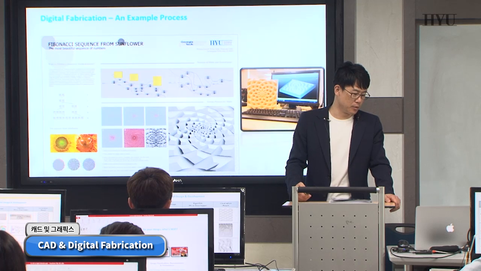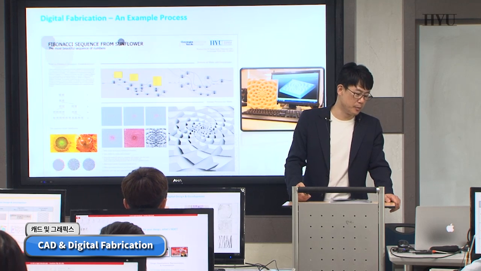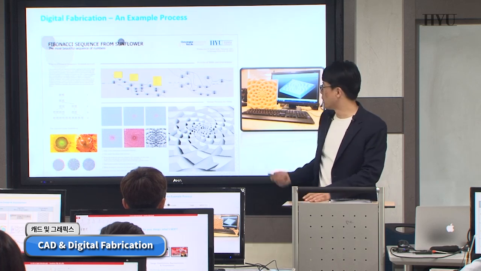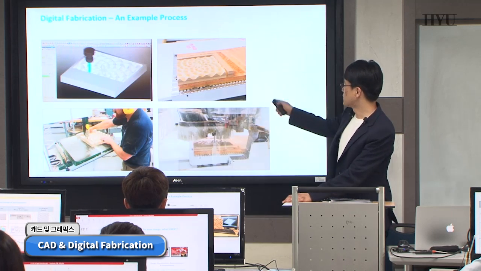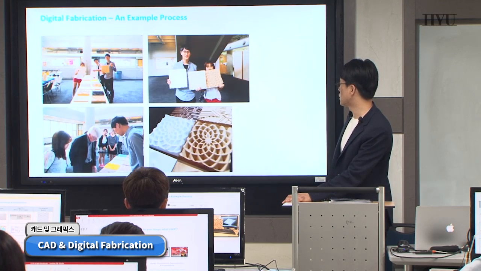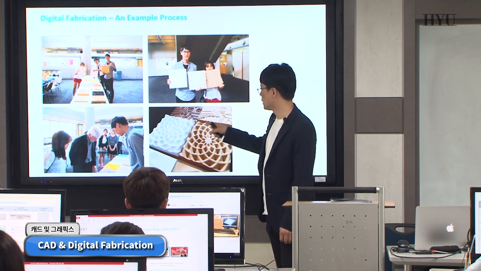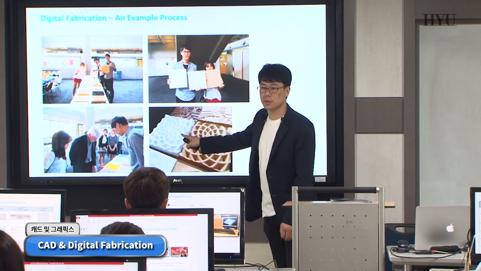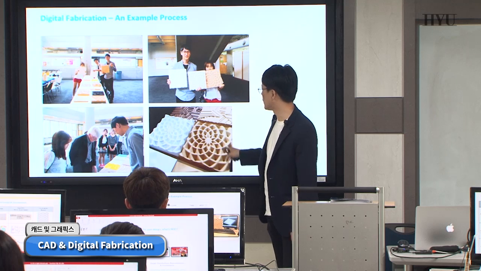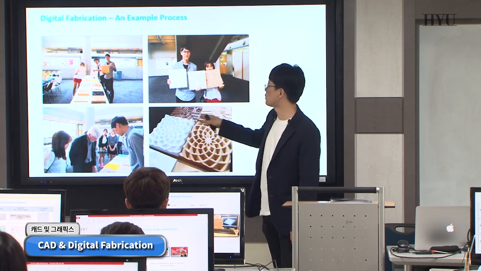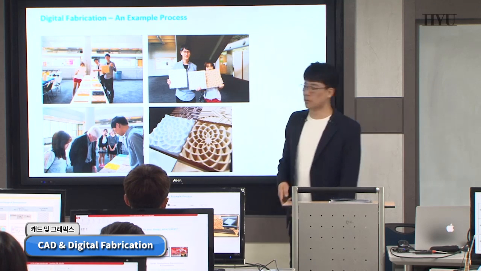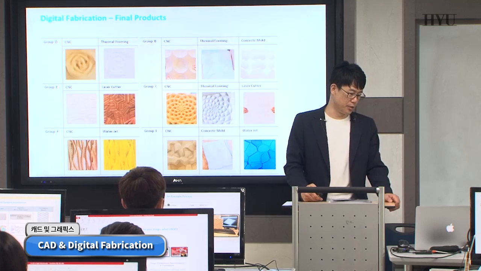So let's take a look. Here are some design presentations, real screens, and some screenshots, real pictures. At the final presentation, thermoforming. This is plastic. Thermoforming, wood, some layered wood structures, and so on. They created and manufactured them.